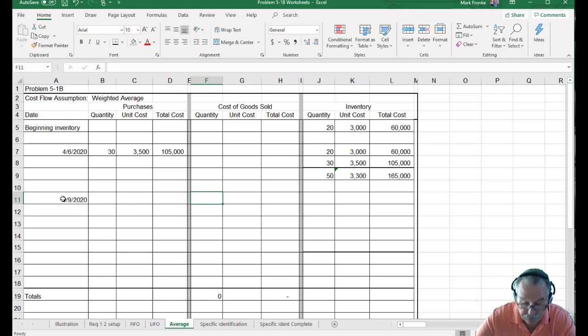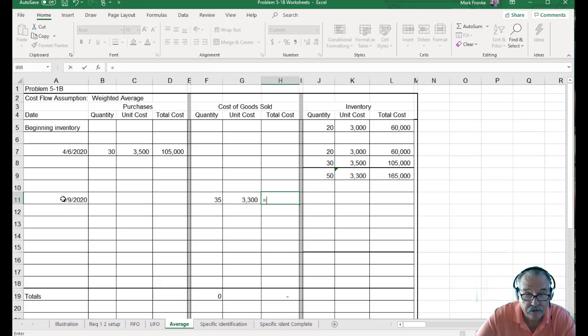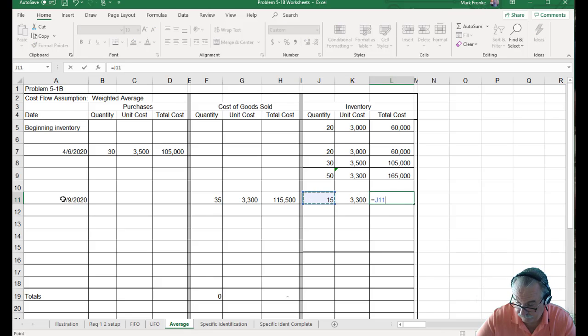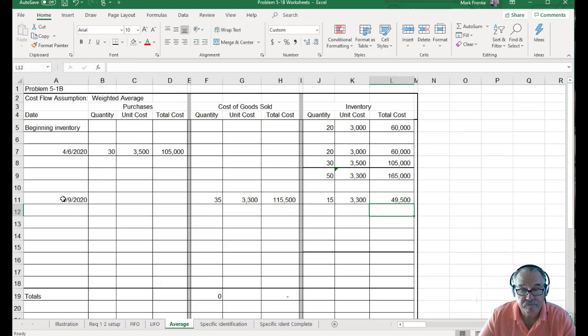So now when we sell on April the 9th, we're going to sell 35 at 3,300, which is our average, and our ending balance is going to be 15 at 3,300, or 49,500.